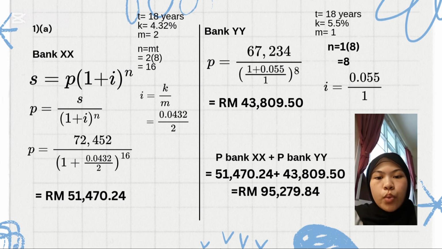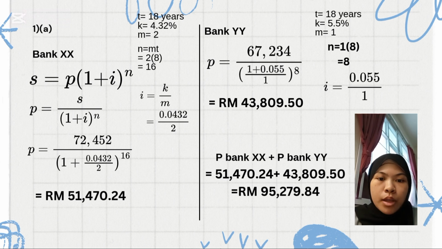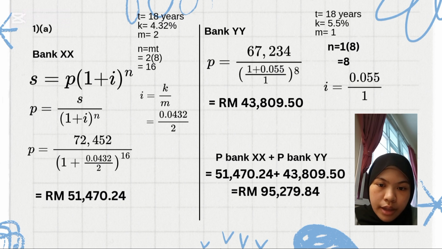Last, we need to count P from bank XX plus P from bank YY. So 51,470 ringgit 22 cents plus 43,809 ringgit 60 cents, and the answer is RM 95,227 and 84 cents.